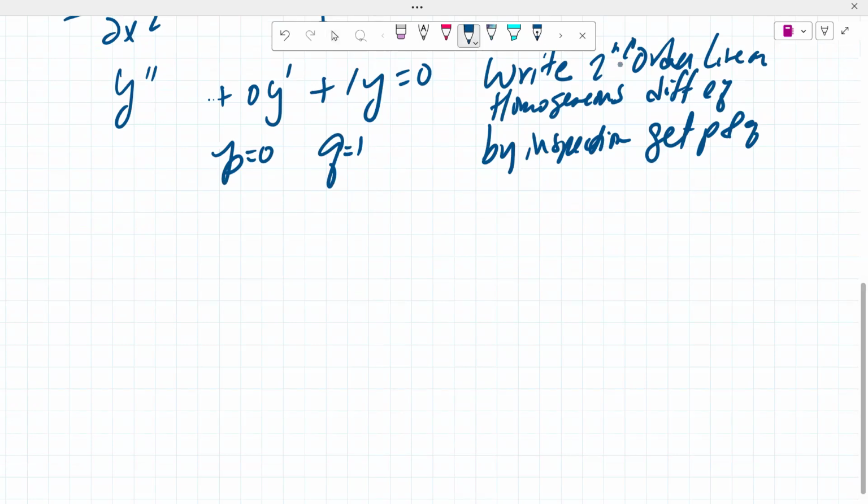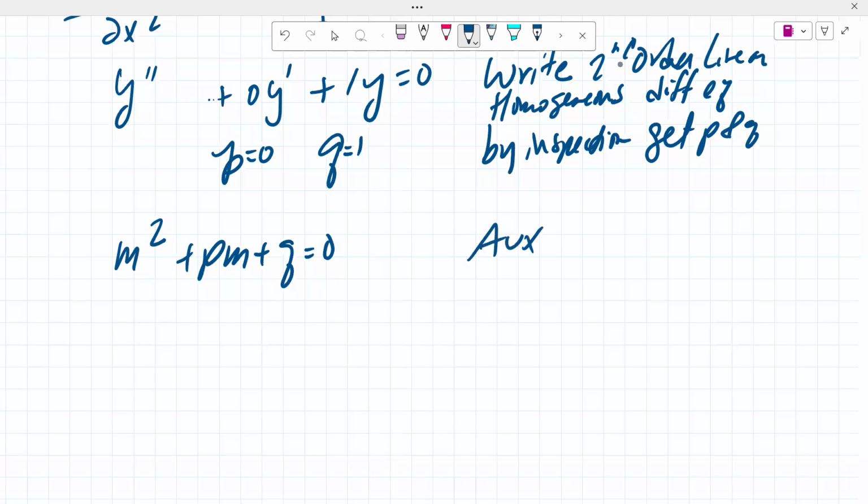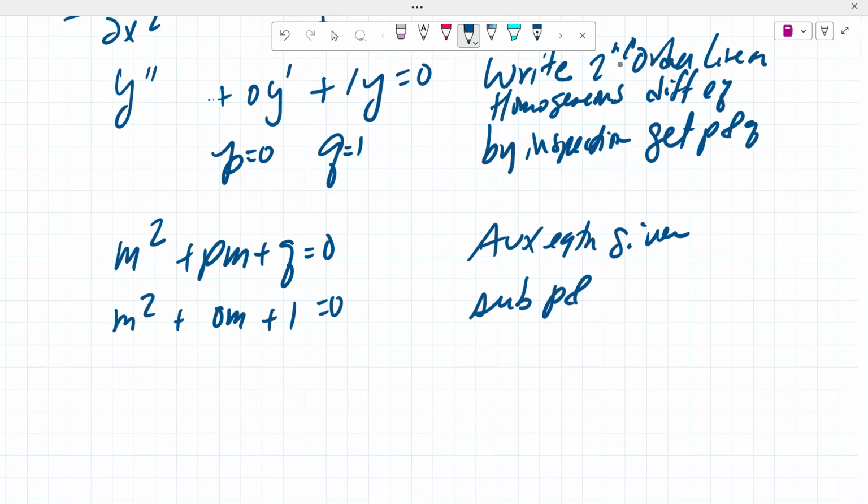So now we have m squared plus pm plus q equals 0, which is our auxiliary equation. And then we can substitute in the p and q. So we do m squared plus 0m plus 1 equals 0.